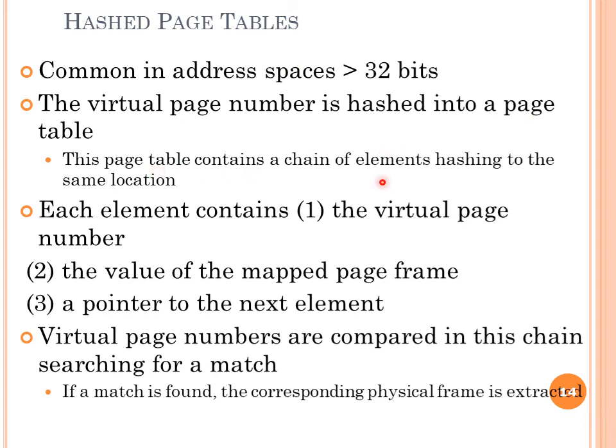This page table contains a chain of elements hashing to the same location. Each element contains a virtual page number, the value mapped to the page frame, and a pointer to the next element. Then virtual page numbers are compared in this chain, searching for a match. If a match is found, the corresponding physical frame is extracted.